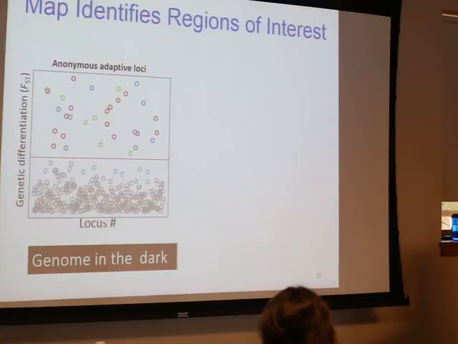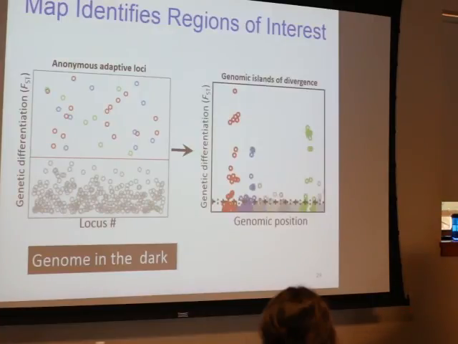This is somehow a list, just stacking up your 10,000 loci for whatever. And that's cool. It's kind of neat. You've got some outliers. But you're really in the dark. And if you start looking at genomic position, all of a sudden you can see there are certain areas of the genome that are differentiated.